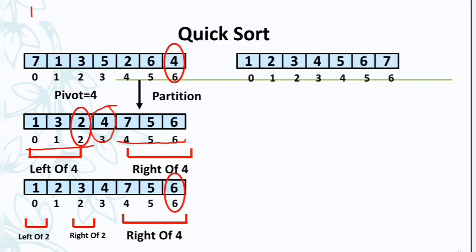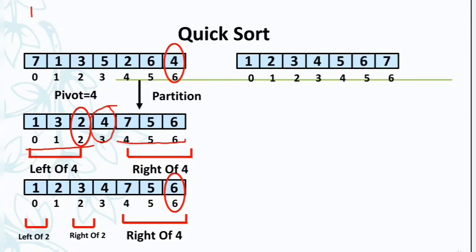In the first section, the left part of 4, now only 1 is present in the left part of 2, and when one element is present in the array, we can say that the element is sorted. So here 1 and 3 are now sorted, and earlier 2 was sorted. So now 1, 2, 3 and 4 are sorted elements.